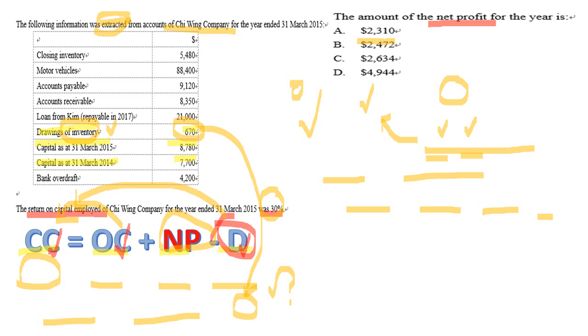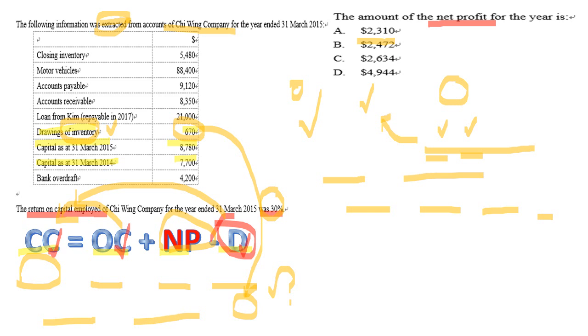We don't know if we can use this figure, because once this is specified as inventory, there may be drawings of cash, or drawings of cash from the bank. It's not shown because the question is just extracted information from this company.